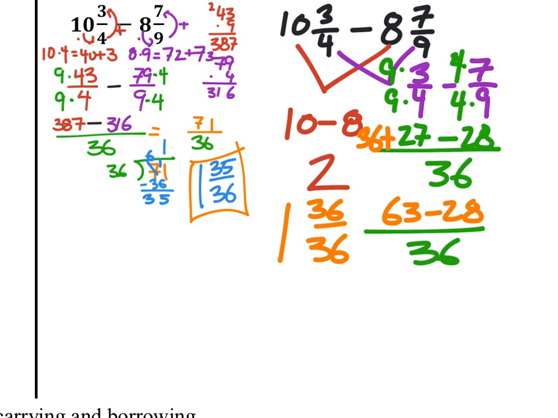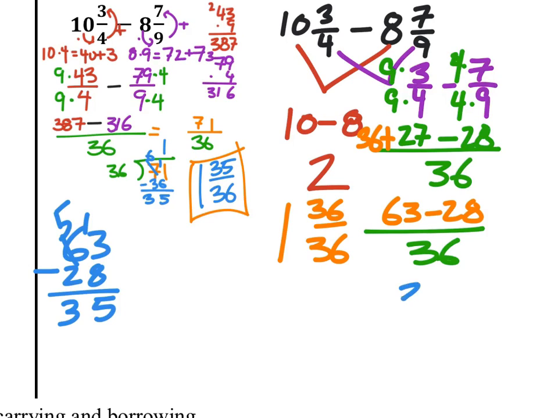And 63 minus 28, that would give us, well, let's see, I gotta do the work over here. 63 minus 28. I know not everyone needs the work here, but looks like I do. 5 minus 2 is 3, 35, right? And again, that's the numerator for the answer that we're going to see over there. So it's now 35 36ths.